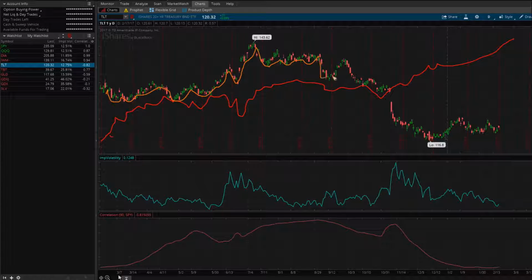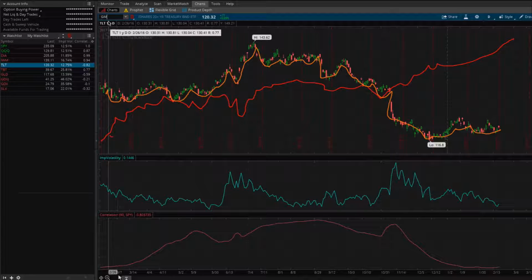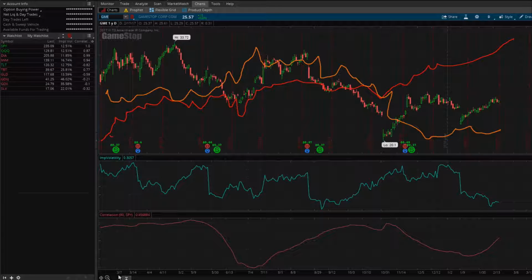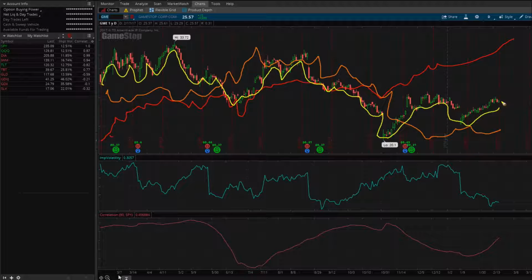You may already have it in your head. And then let's just pick a stock off the top of my head. Let's go with GameStop, GME. There we go. And let's make that yellow. Okay, perfect. I did a little bit of an aggressive align there, but you get the basic idea. Down, up. Okay, great.